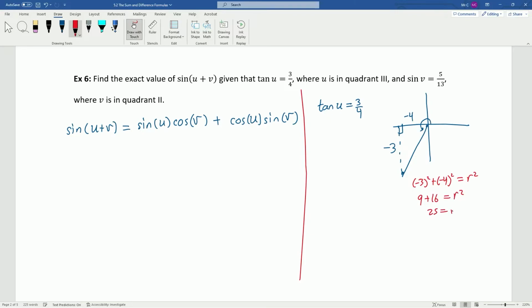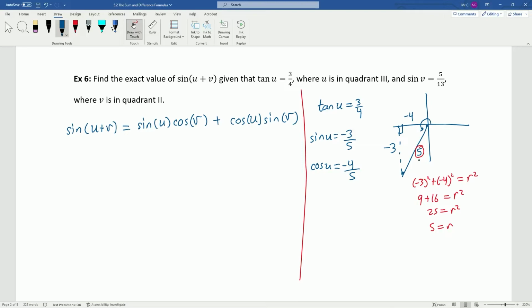It's 25 equals r squared. And that's 5 equals r. So this is a 3, 4, 5 triangle, right? So that gives me all the information I need to find sine of u, which is negative 3 over 5, that's my y divided by r. And cosine of u is negative 4 divided by 5, my x divided by r.